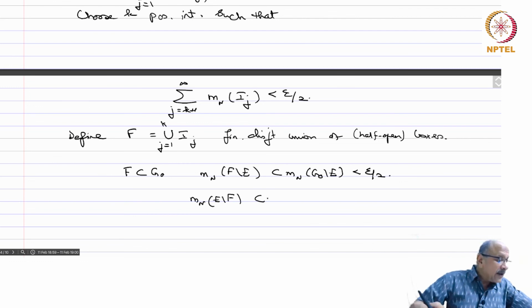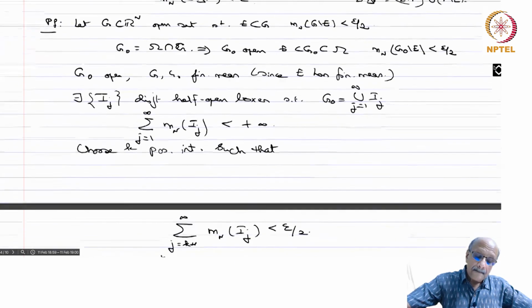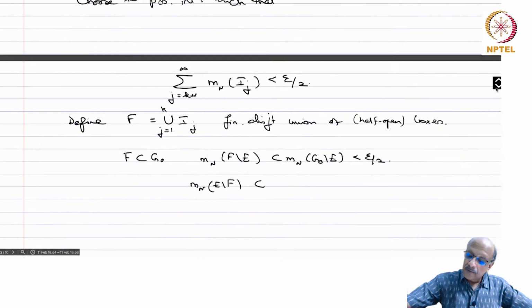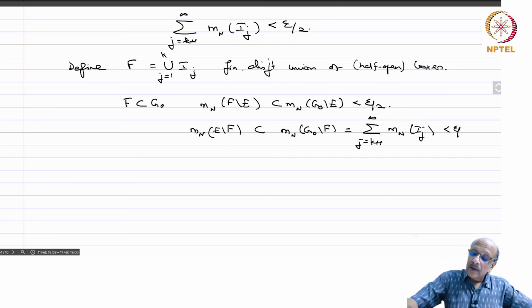E is contained in G0, and therefore Mn of E minus F is at most Mn of G0 minus F, and that is equal to the sum from j equals K plus 1 to infinity of Mn of Ij, which is less than epsilon by 2.